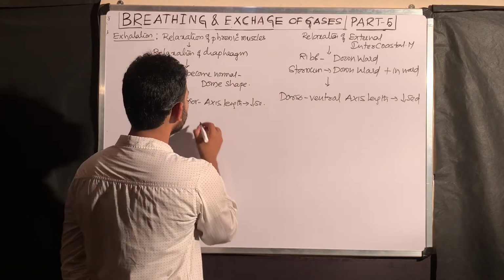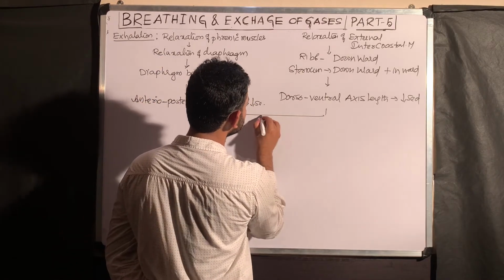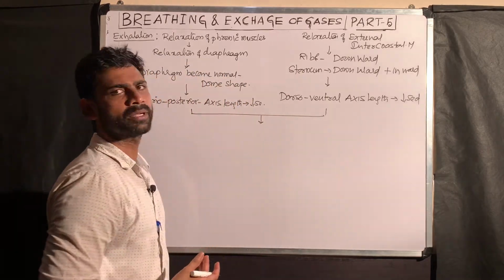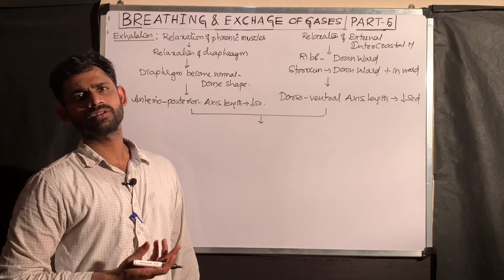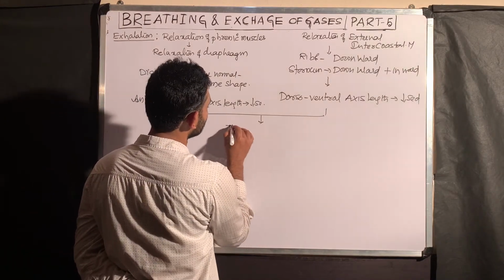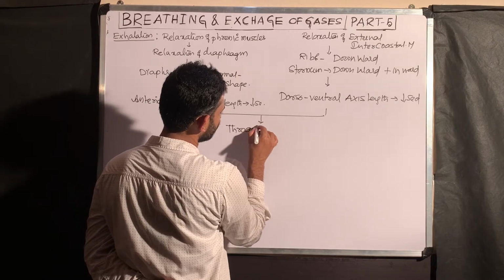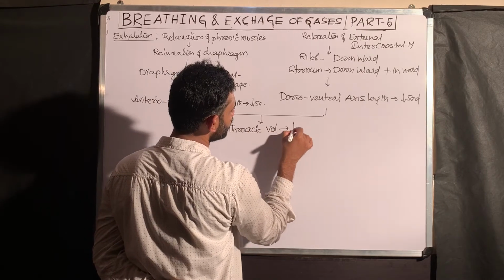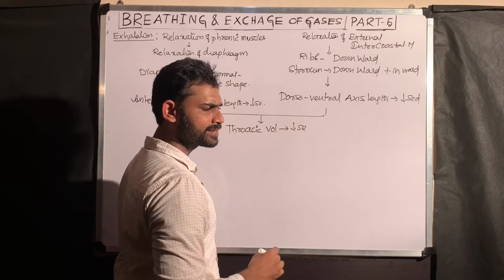So overall, because of the relaxation of the diaphragmatic muscles and external intercostal muscles, the thoracic volume size becomes decreased. Yes or no?